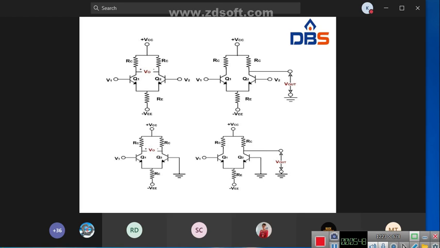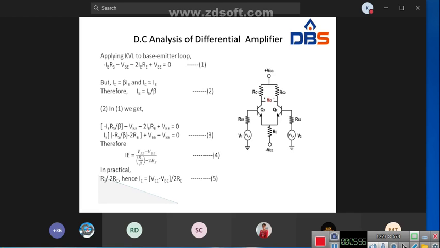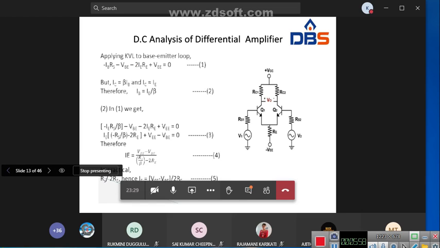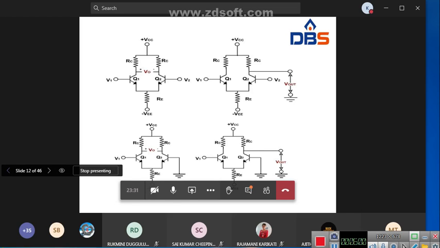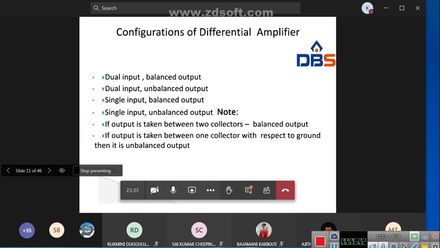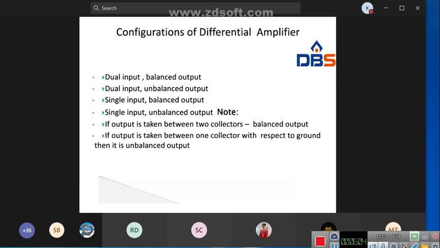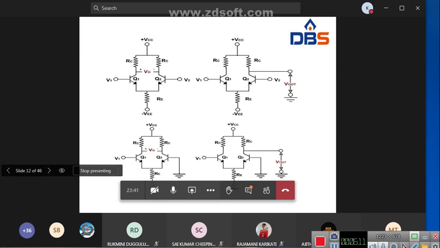So this type of differential amplifier is called a single input balanced output differential amplifier. The first one is dual input balanced output, the second one is single input balanced output.